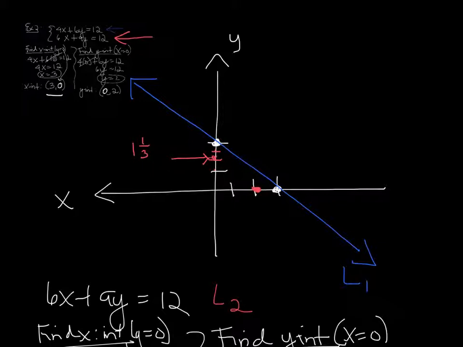And so I'm going to graph that again with graph paper. I have these points, and it looks like the lines are parallel, right? Are they parallel? They might be. It depends on your graph.